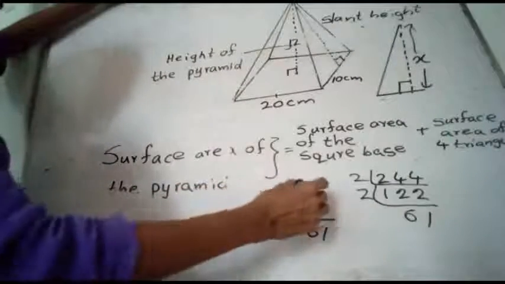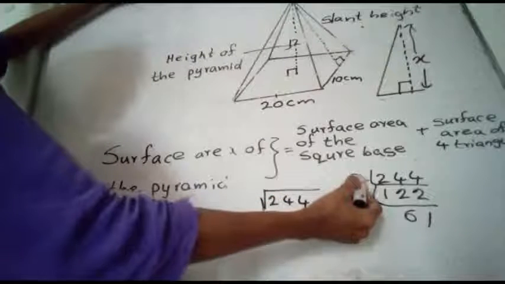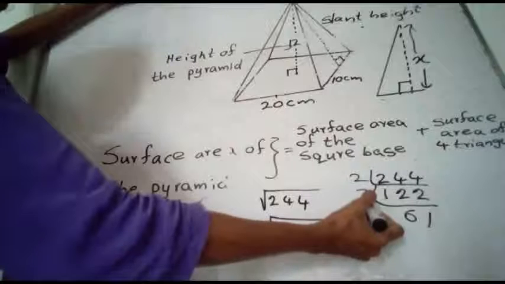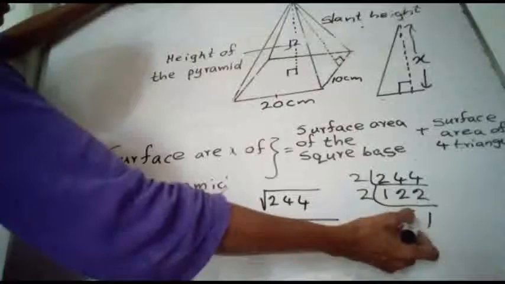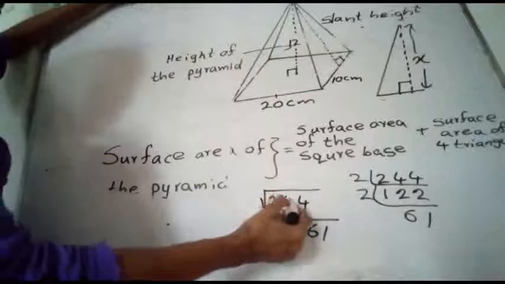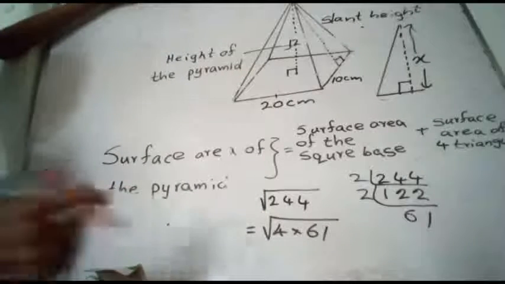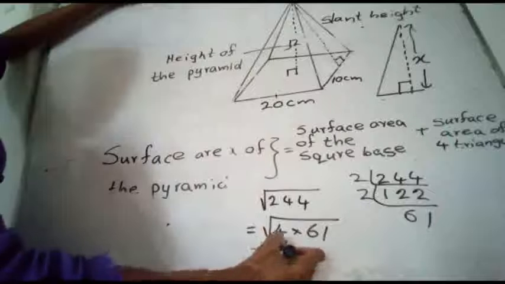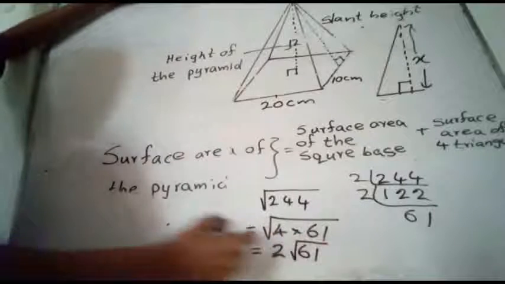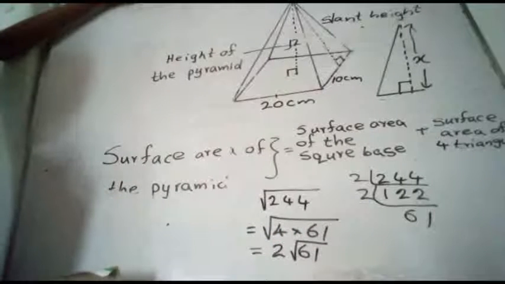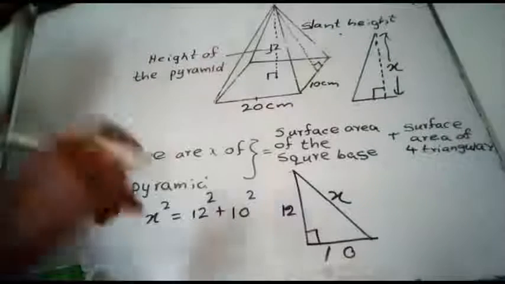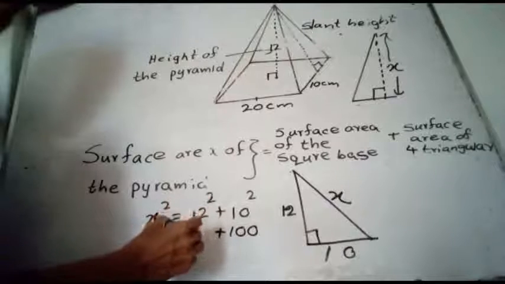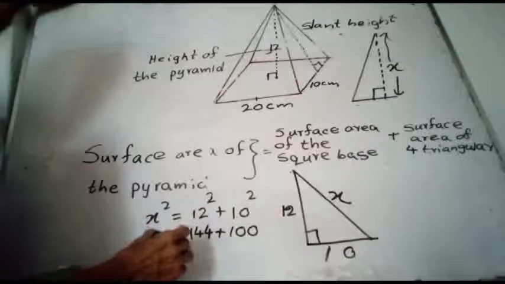Square root of 244. Divide by 2, 122, again divide by 2, 61. Then we can write 244 is equal to 4 times 61. Square root of 4 is 2. So 2 root 61. Now using the logarithm table, 10 squared is equal to 100. 12 squared is 144.